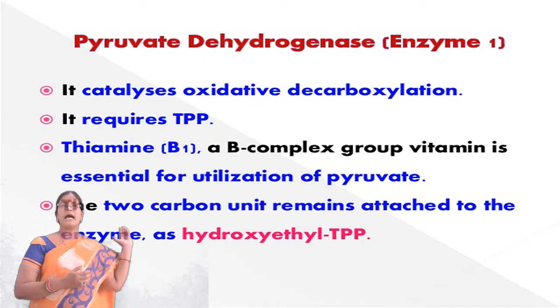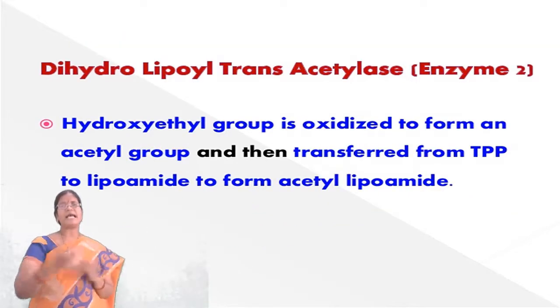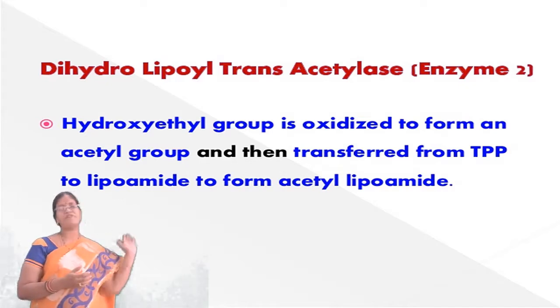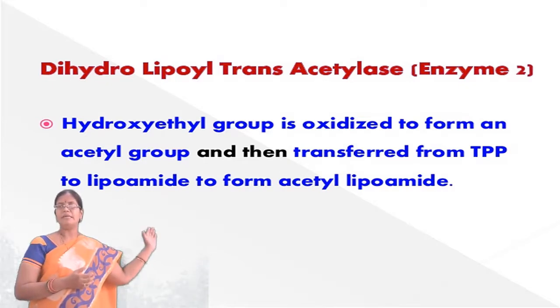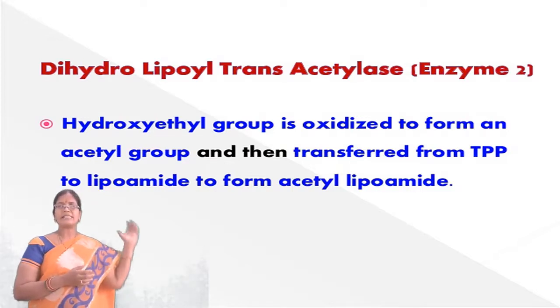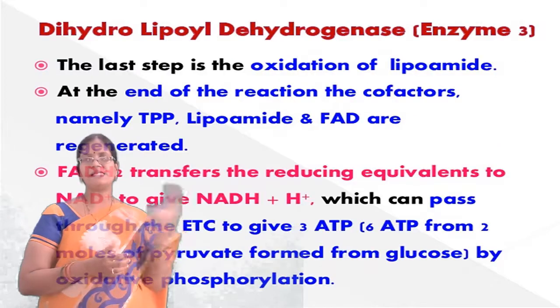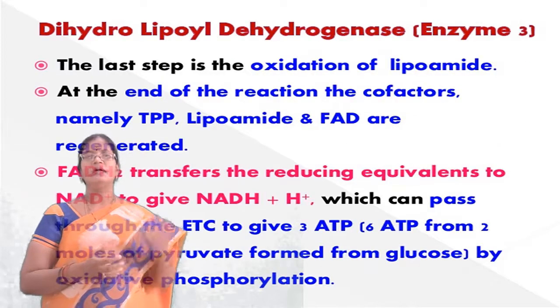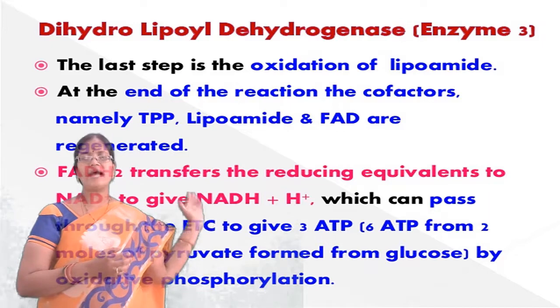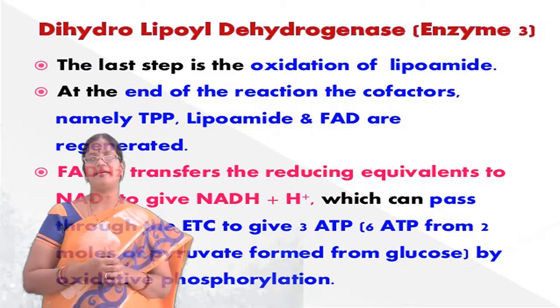Then, this hydroxyethyl group is oxidized to form an acetyl group and then transferred from TPP to lipoamide, which is the second coenzyme, to form acetyl lipoamide. Okay, now coming to the role of enzyme 3, which is the last step in oxidation. At the end of the reaction, the cofactors namely TPP, lipoamide and FAD are regenerated.